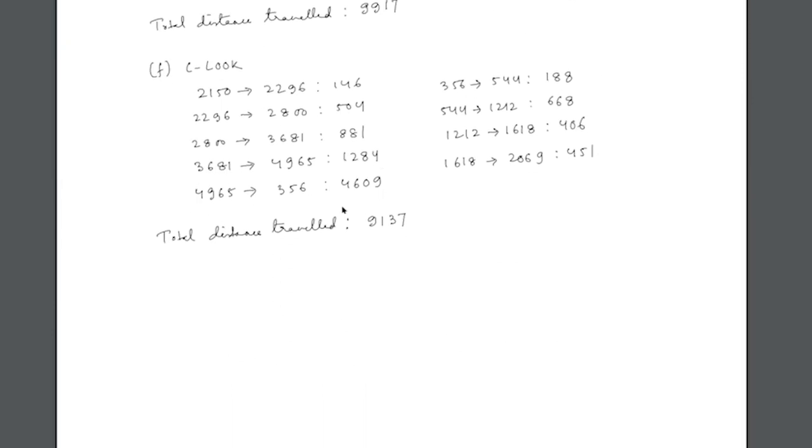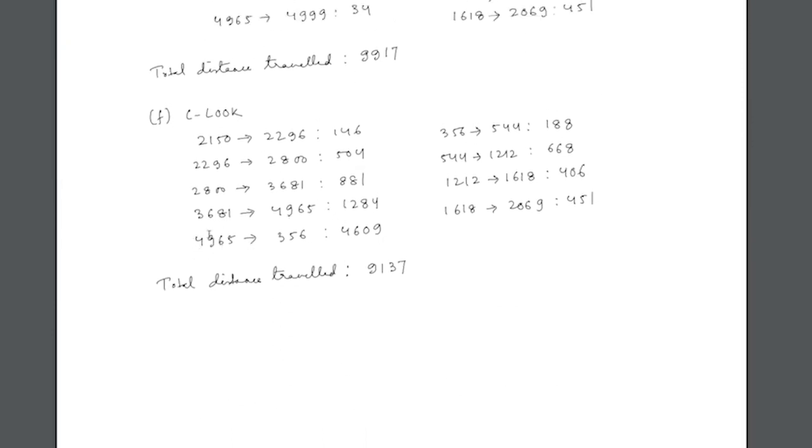But in C-LOOK, what is going to happen? They will go to 4965, which is the last request on the rightmost side, and they are immediately going to go to 356. They will not go to 0, because going back to 0 is the job of SCAN. LOOK is a little clever. And when you put the C, it means that while going back in the other direction, these requests will not be taken care of. The heads will immediately jump as far back as necessary.